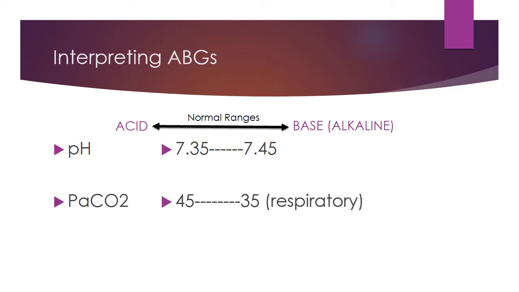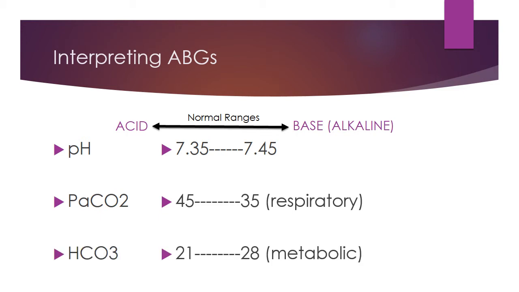Then you will place your partial pressure carbon dioxide. To match the appropriate side of the acid-base line, you will place your ranges to indicate 45 being on the acid side end of the line and 35 being on the alkalosis side or base end of the line.